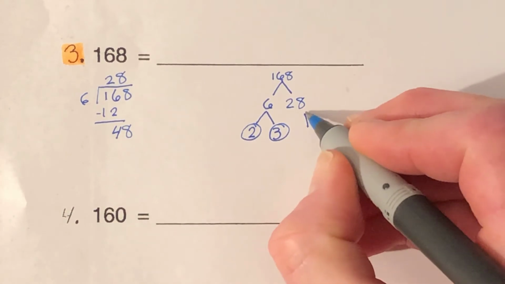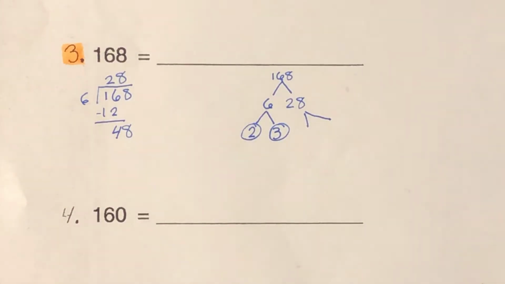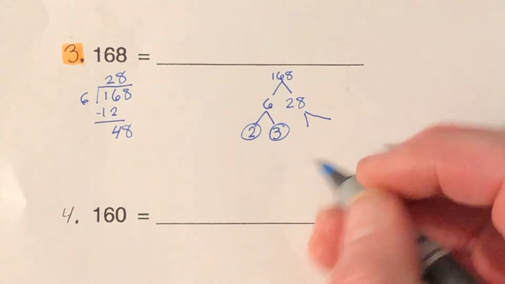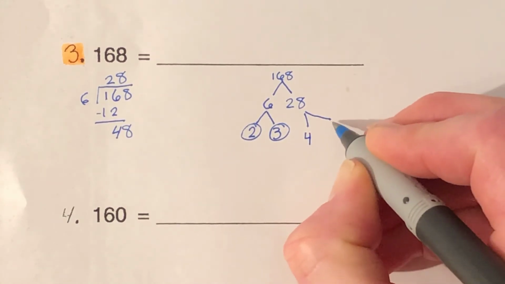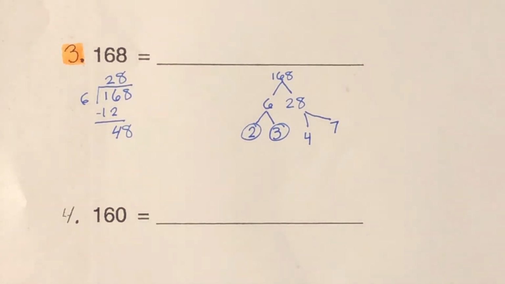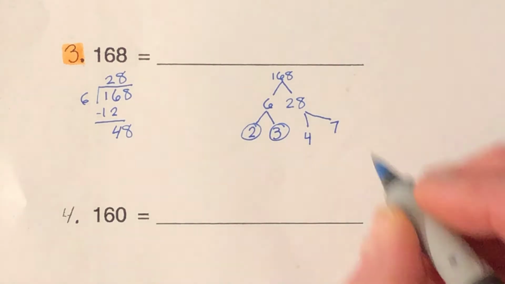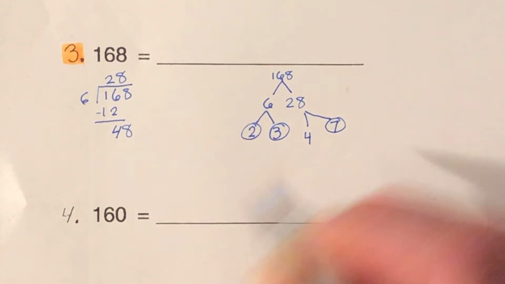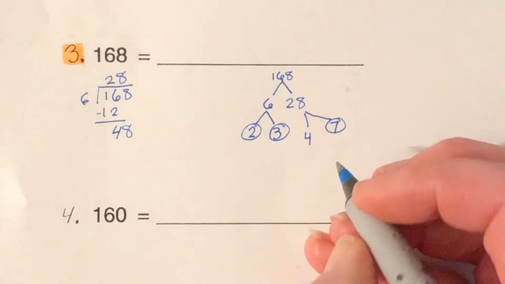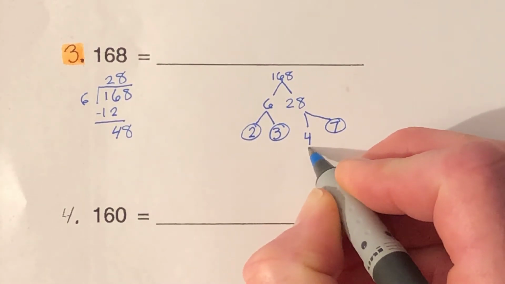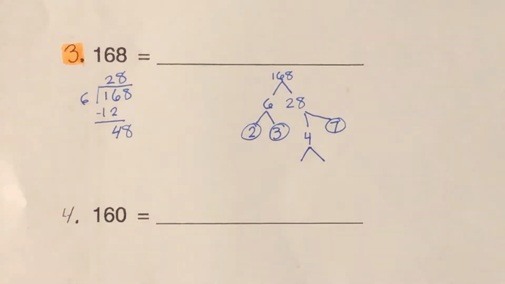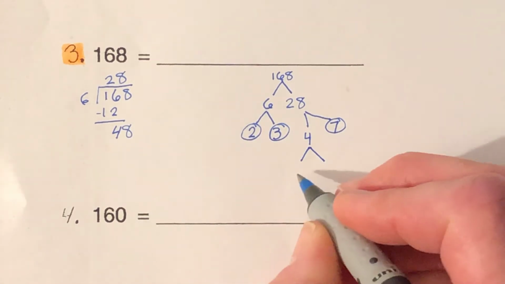28, I could do 2 times 14, or I can do 4 times 7. I'm going to do 4 times 7. I have a prime number. 7 is prime, 4 is not. So we'll keep factoring out the 4. 2 times 2.